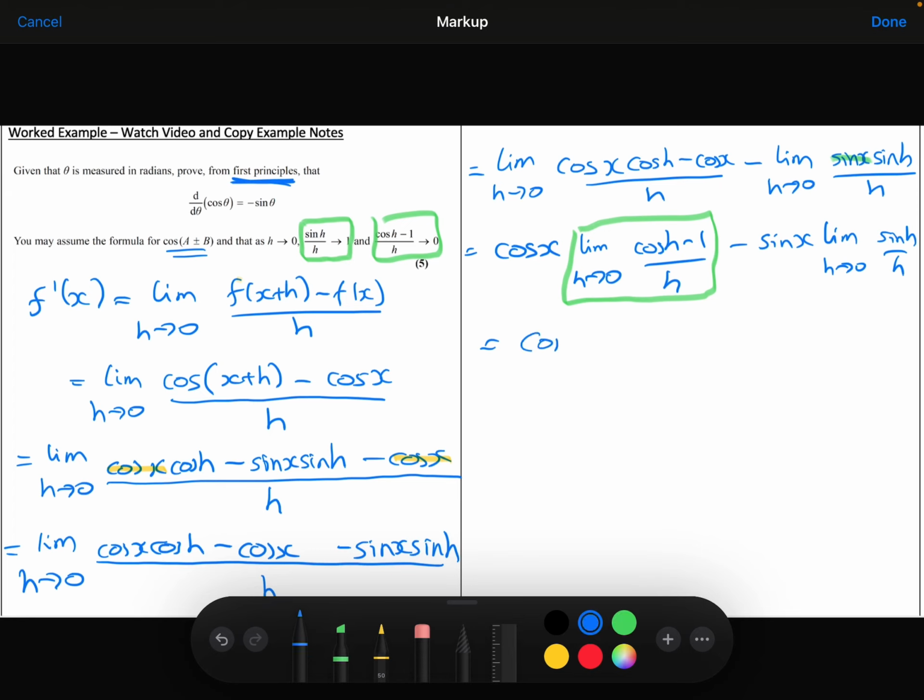So I've got cos x times 0 minus sine x times, this limit I was told in the question was 1. Cos x times 0 is 0, and minus sine x times 1 is minus sine x. And there we go, we have shown that when you differentiate cos, you end up with minus sine.